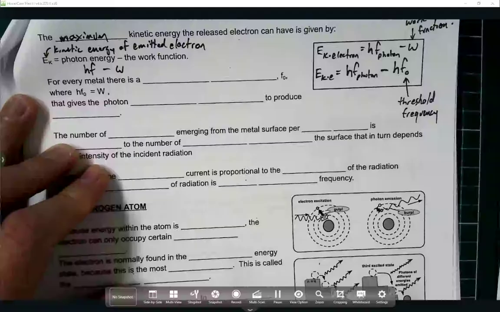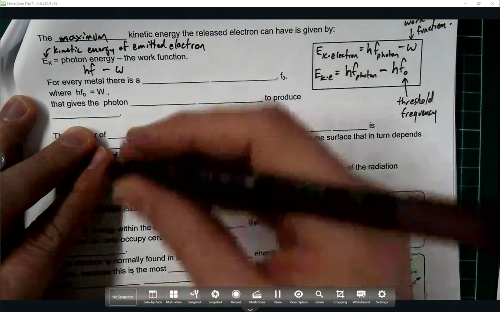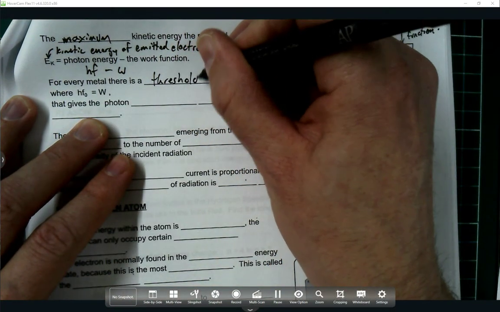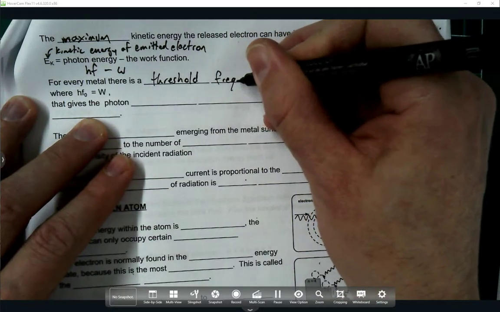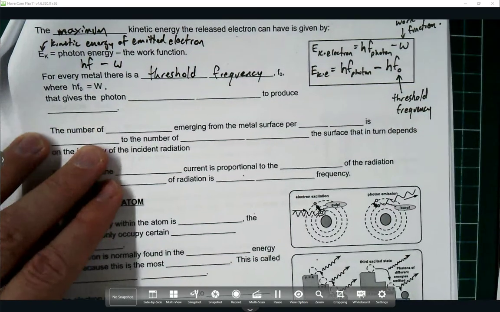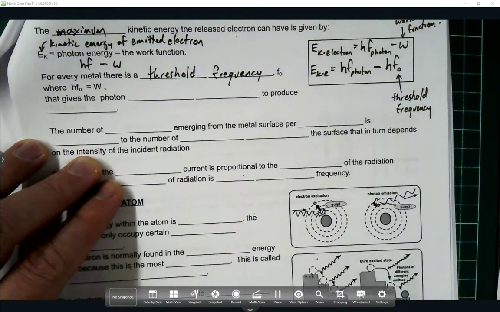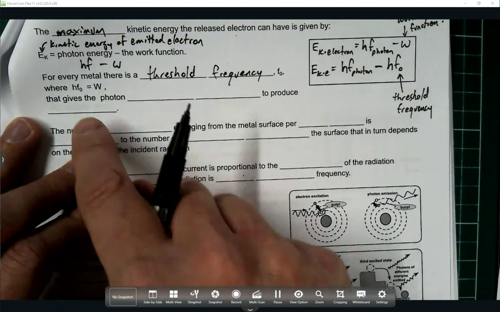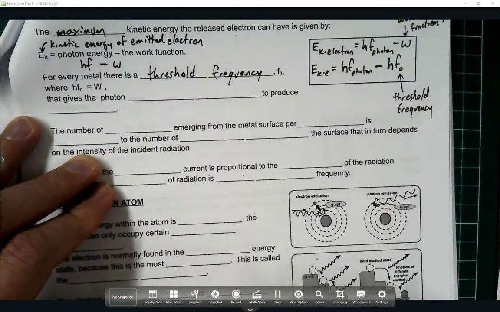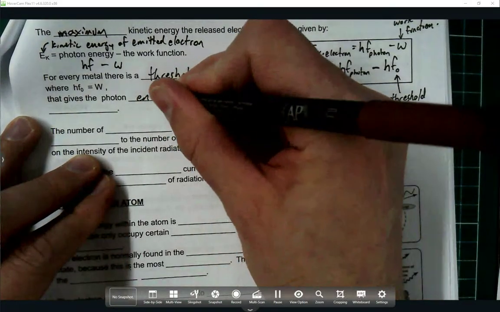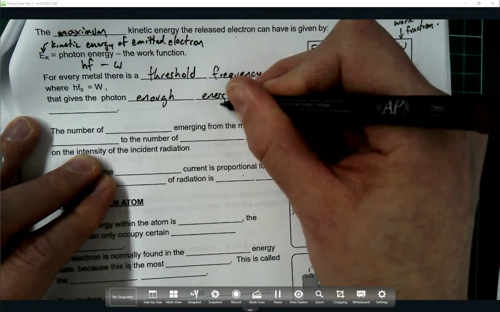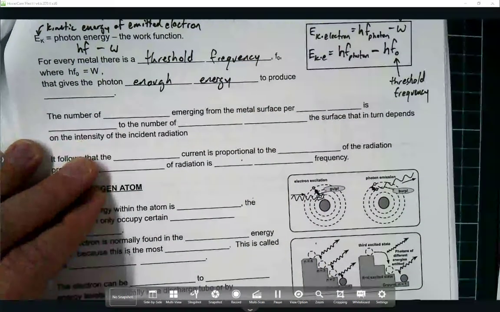So for every metal, there is a threshold frequency. And any radiation higher than that threshold frequency for incoming photons is going to knock off electrons. And we say h f naught is equal to the work function. So that gives the photon enough energy to produce a photoelectric emission.